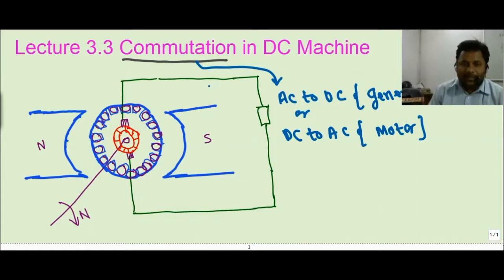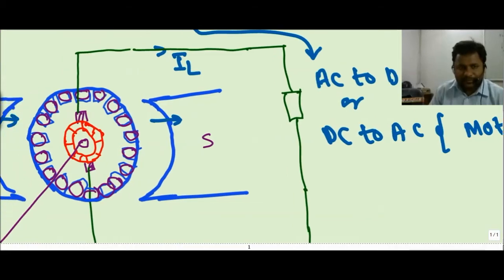What we have learned in the previous classes is that when any armature coil is rotated in a constant magnetic field, there will be an induced EMF in the conductors, and this induced EMF generates a current called the induced current or load current. As per Fleming's right hand rule, dots and crosses are generated in the respective coils.